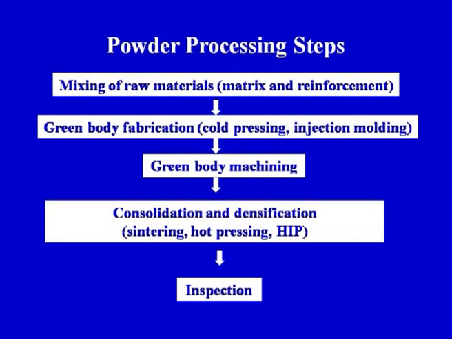So first and foremost we have to undertake the mixing of raw materials. Now what are the raw materials that are going into the final product? There are two. One is the matrix, another is the reinforcement. The matrix in this case would certainly be a ceramic matrix. The reinforcement can be of any other type.